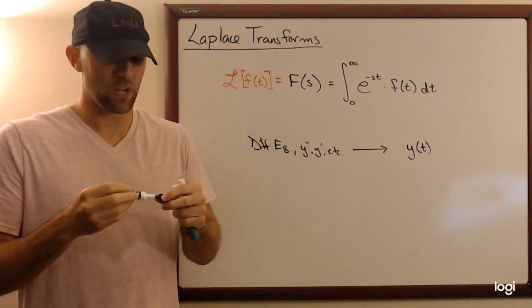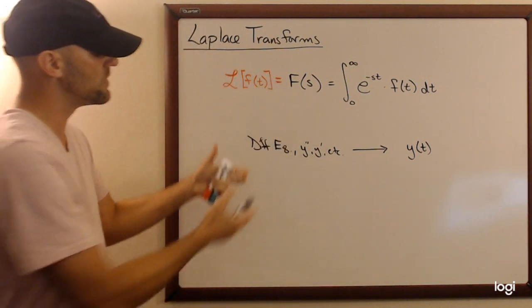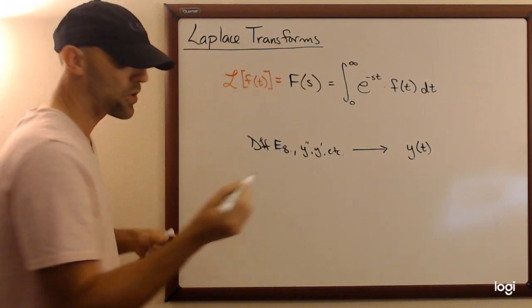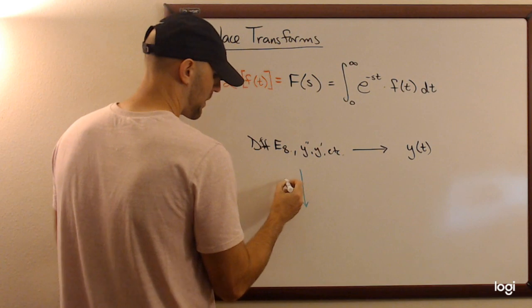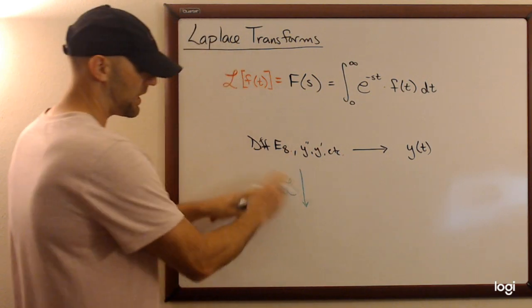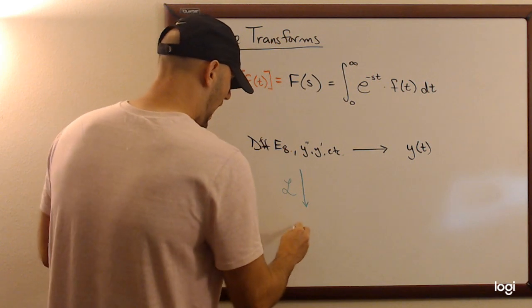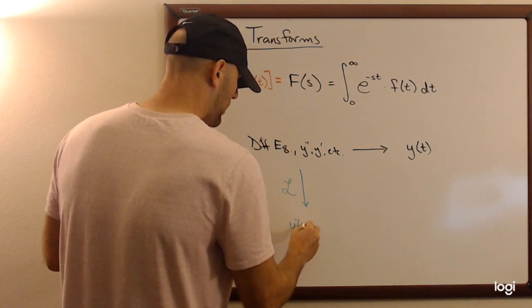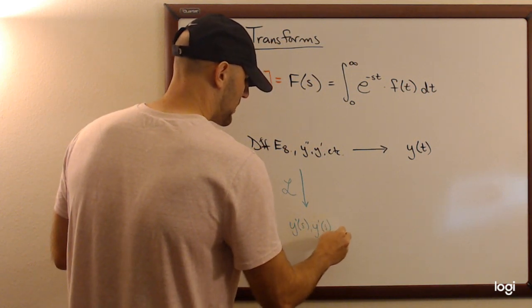Here's what Laplace transforms do. Laplace transforms take this differential equation and translate it, so it's no longer in t. I translate it into Laplace language, and now I have an equation in y double prime of s, y prime of s, et cetera.